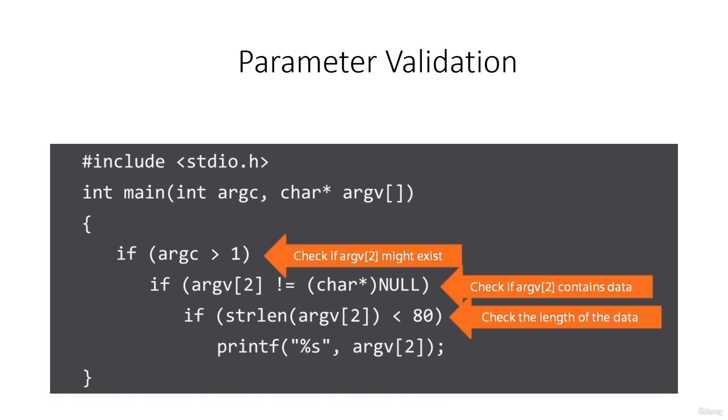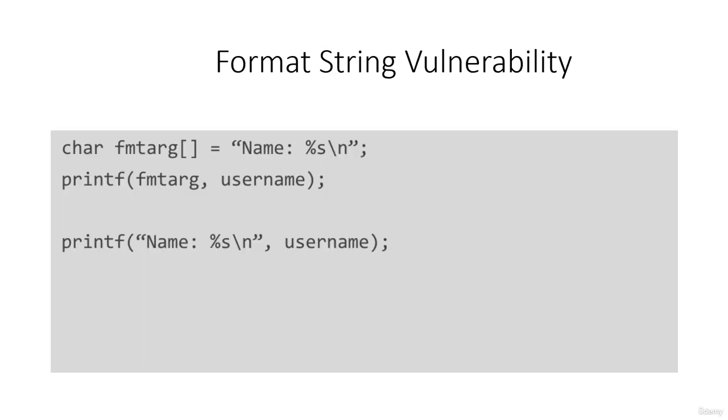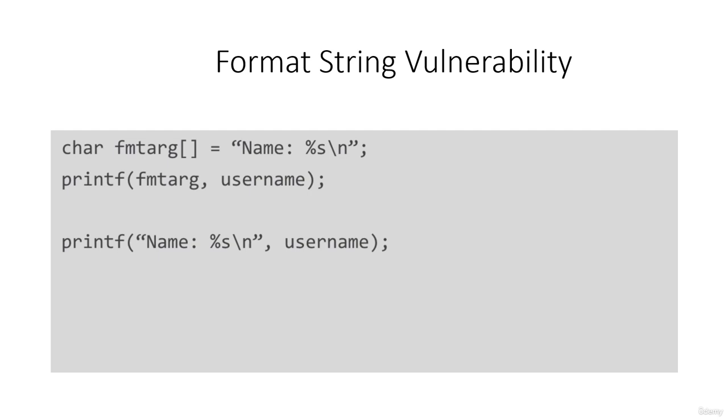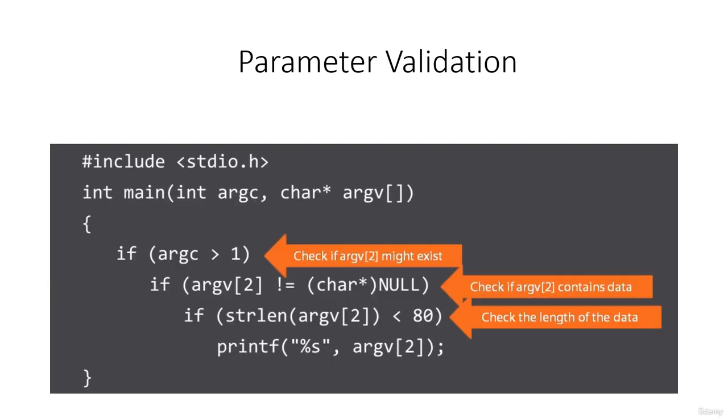So let's look back at how to fix the problem using parameter validation. Here is the same program, but written with secure coding practices in mind. First, we check that the program was run on the command line and contains at least two arguments.